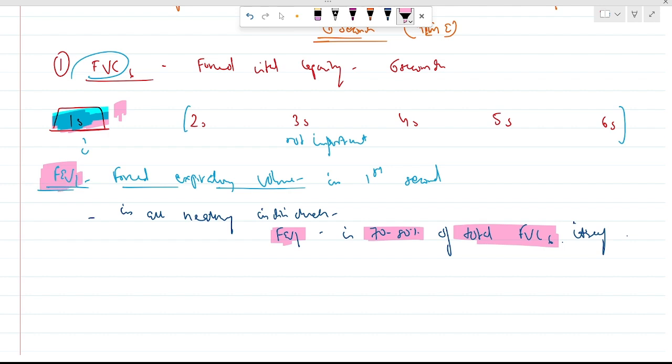So that's why we calculate FEV1 in the first second. This is why it is clinically relevant.